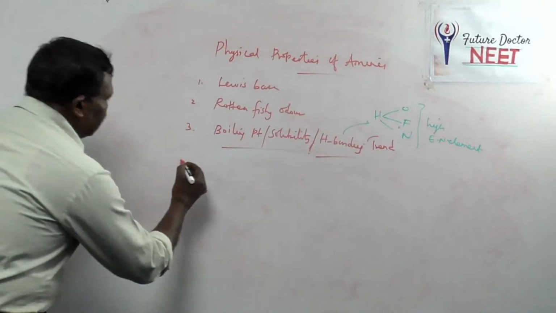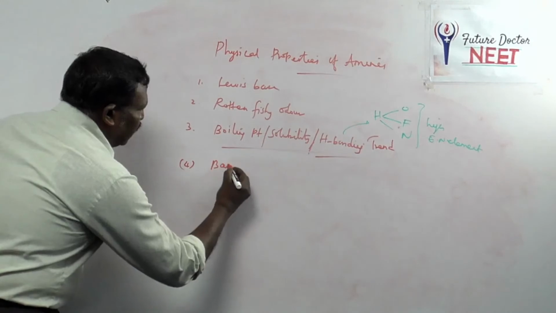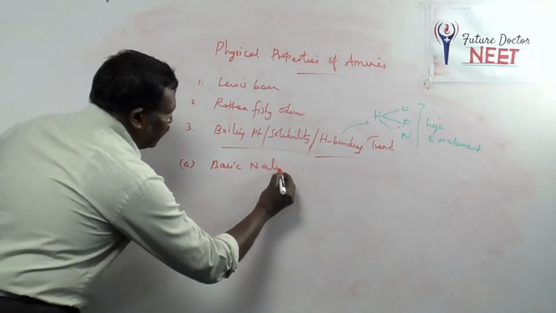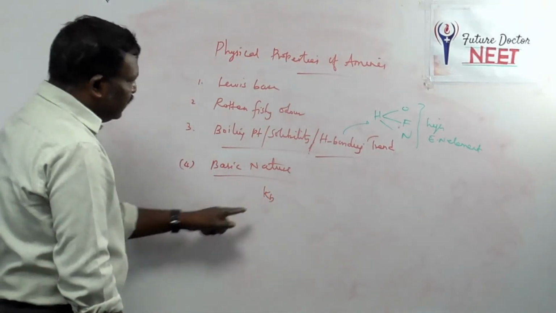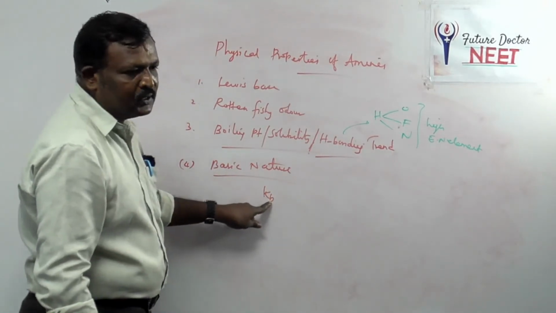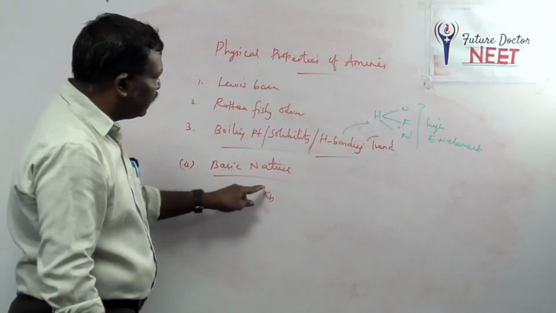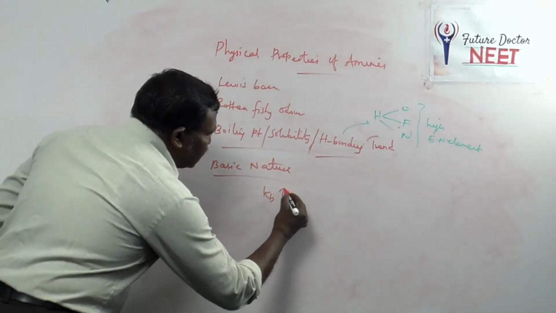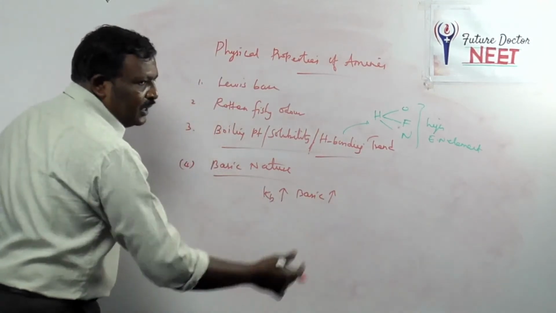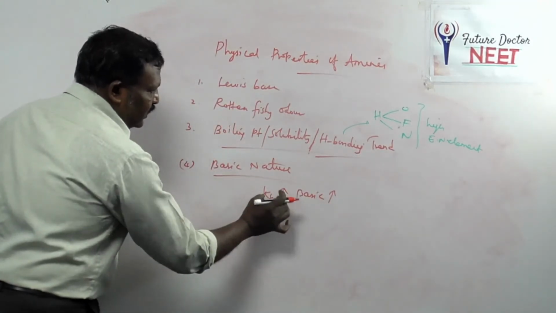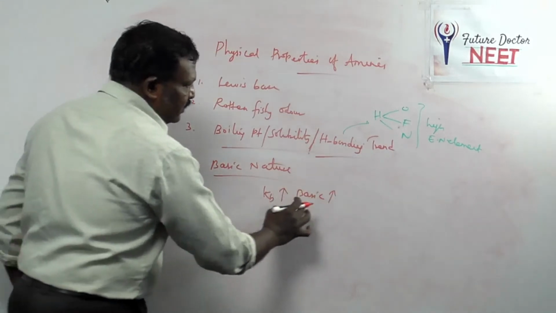Basic nature. This is very important. Write fast. You simply remember Kb, no? Dissociation constant for base. If the basic constant increases, basic character also increases. Just copy them. They'll give some values. So what is the relationship between Kb and basic character?